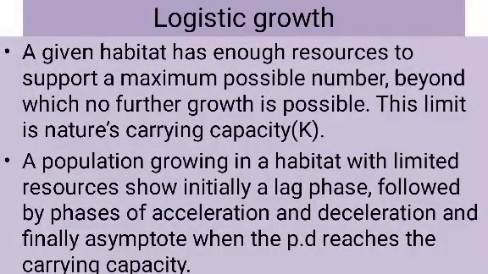Logistic growth occurs in a habitat where there are limited resources. No population in nature, in any habitat, will have unlimited resources. In most habitats we see limited resources only, and when the population increases, competition occurs between the individuals for those limited resources.